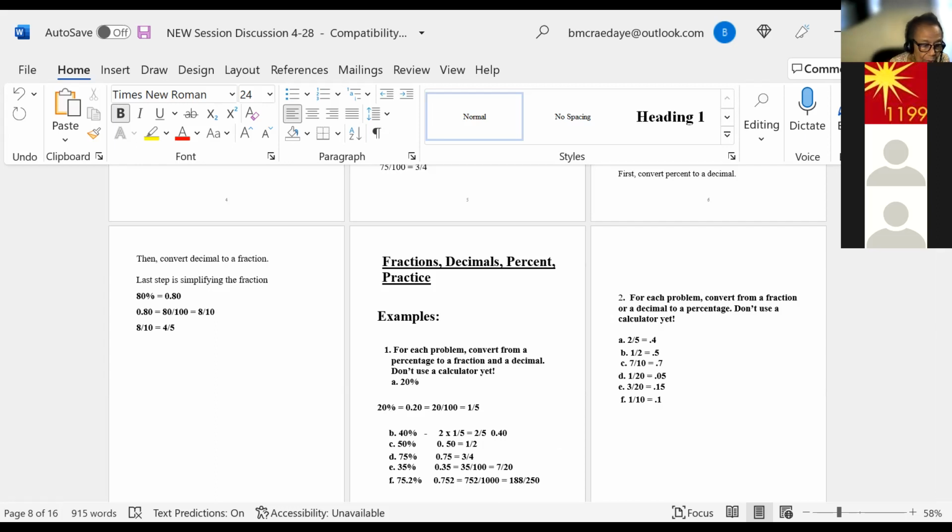But if you just left it 752 over 1,000, that's okay, as long as you know the place value: 7 is in the 10th place, 5 in the 100th place, 2 is in the 1,000th place. So 0.752 is 752 over 1,000.